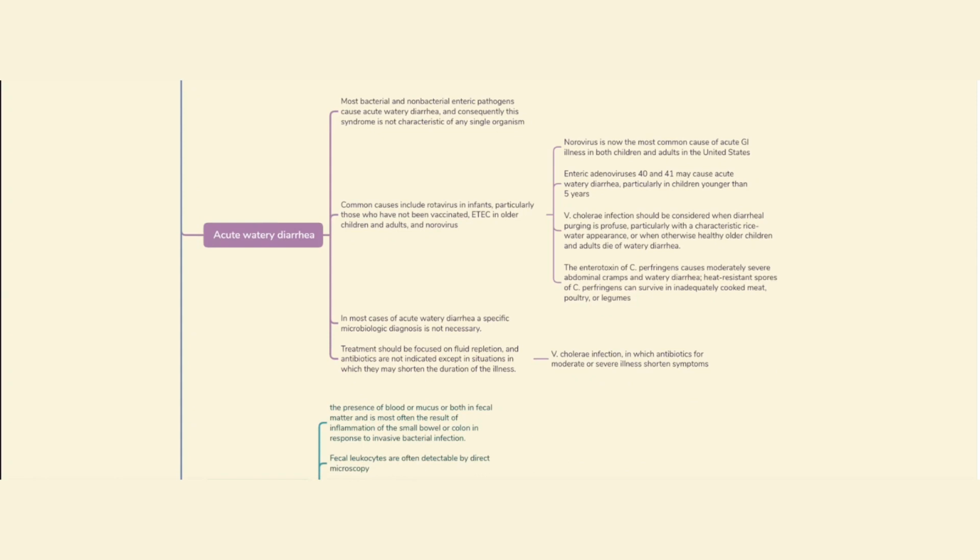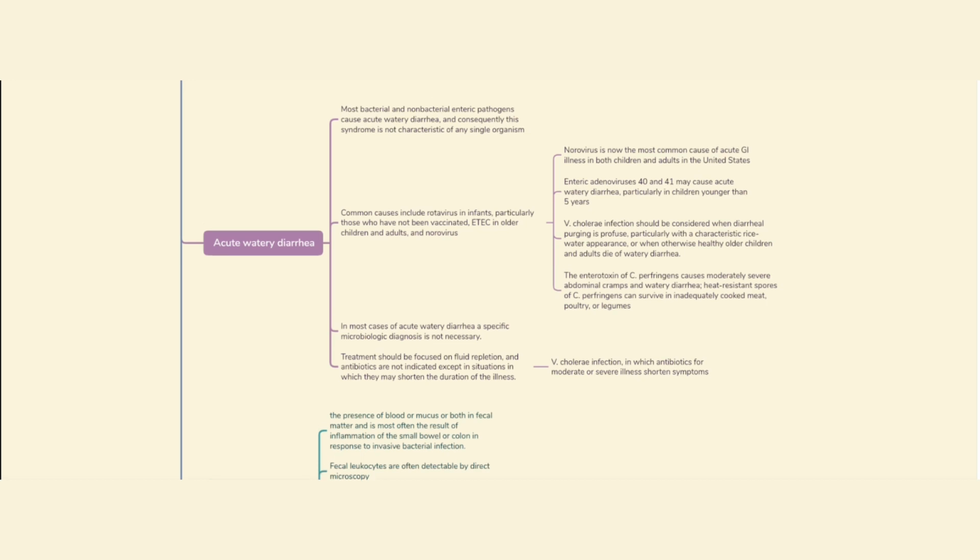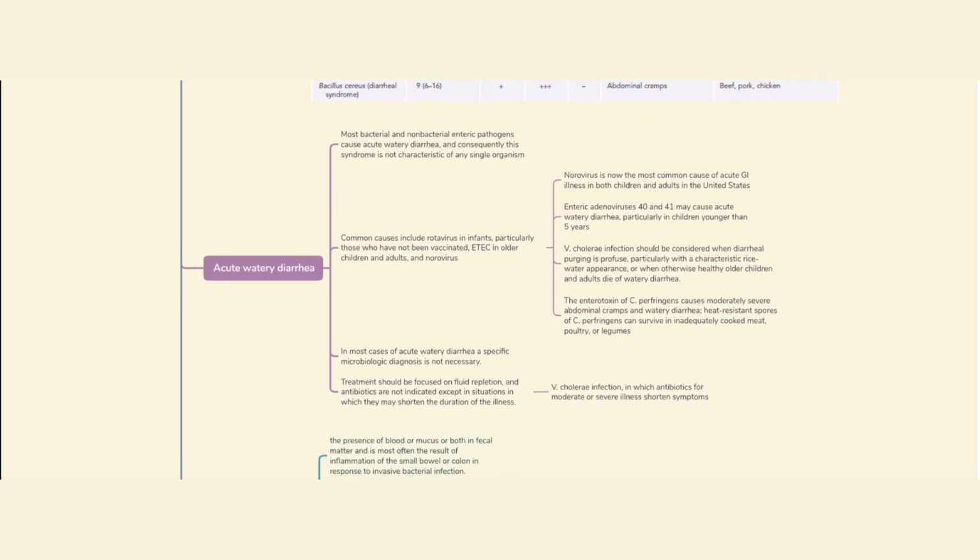Acute watery diarrhea, or otherwise called diarrhea without fever, is caused by most bacterial and non-bacterial enteric pathogens, and consequently this syndrome is not characteristic for any single organism. We have too many etiologies responsible for this syndrome. So we will talk about the common causes.